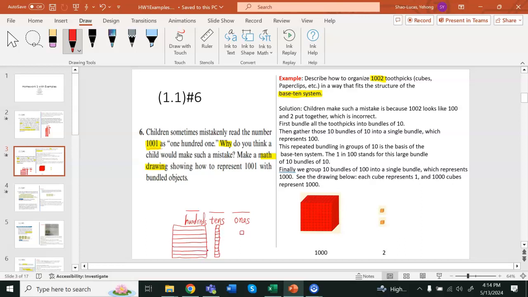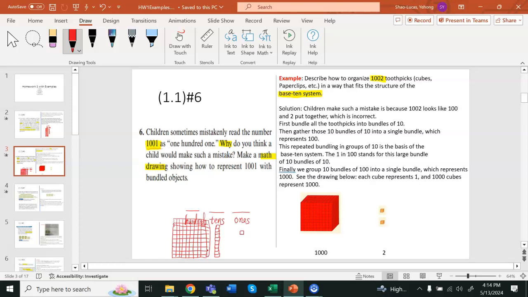So I have 1, 2, 3, 4, 5, 6, 7, 8, 9 and 10. And then we're going to draw 10 columns, 5, 6, 7, 8, 9, and 10.